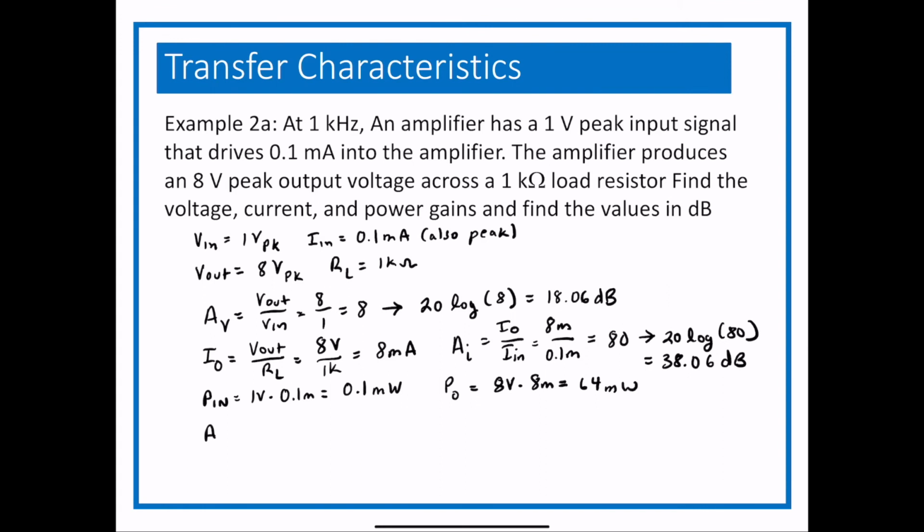So that means the power gain is going to be Pout over Pin, which is 64 milliwatts divided by 0.1 milliwatts, which equals 640. So the value of the gain in dB is going to be 10 log of 640, and that gives us 28.06 dB.